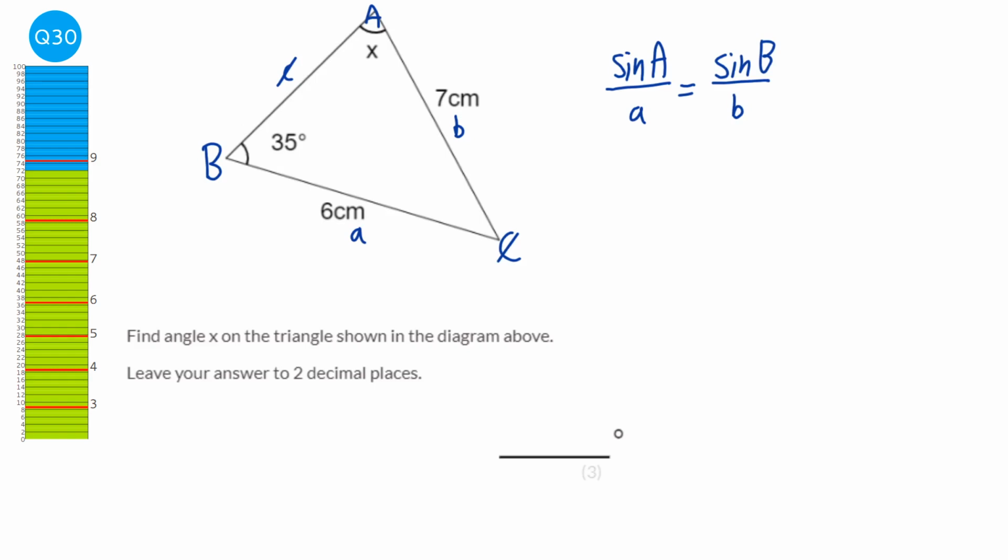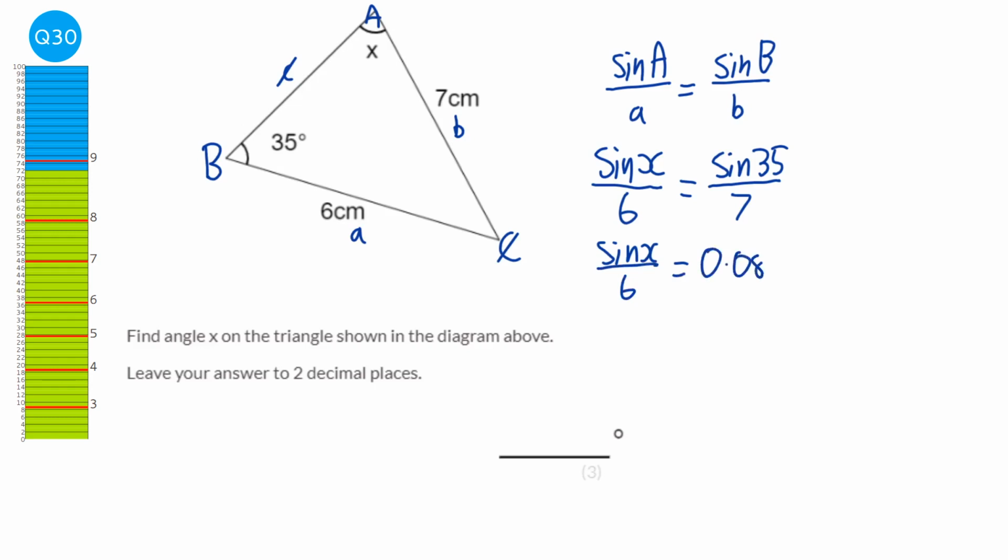Okay, so we're going to fill this in. Sine x over, and then lowercase a is 6, equals sine B, the angle is 35, over lowercase b, which is 7. Okay, we're going to work out what the right hand side is. That's going to be 0.081... And then we're going to be solving this.